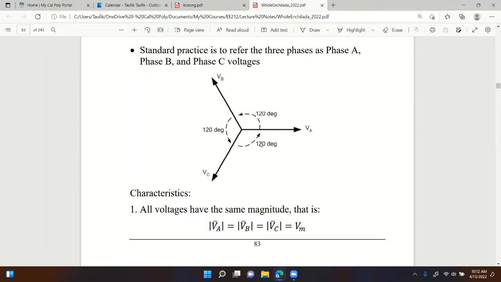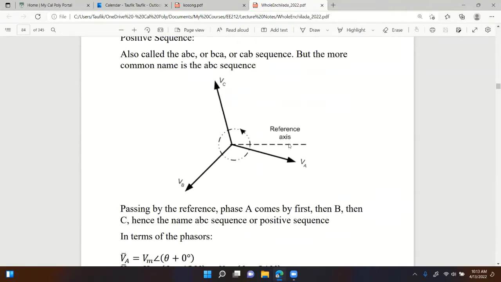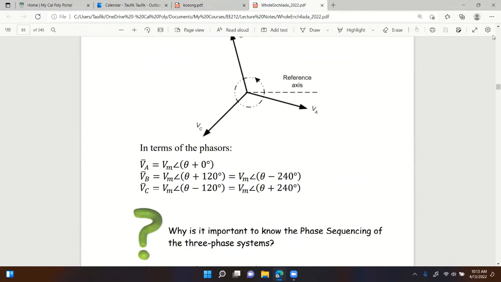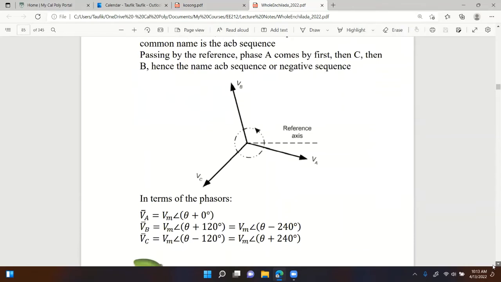And we also learned about the two different sequences. If we follow the counterclockwise reference direction, then it could be an ABC sequence, like this one, or an ACB sequence, such as this one right there.